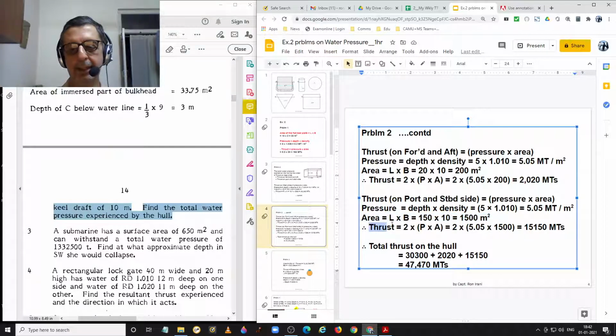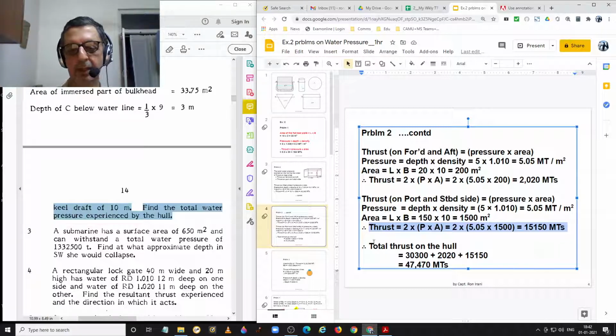When calculating the thrust, we take double the product of pressure and area, because thrust is acting on both sides just as pressure is acting on both sides. So twice the product of pressure and area is equal to 2 into the product of 5.05 and 1500, giving us the thrust equal to 15,150 metric tons.